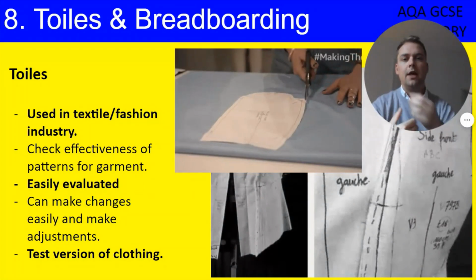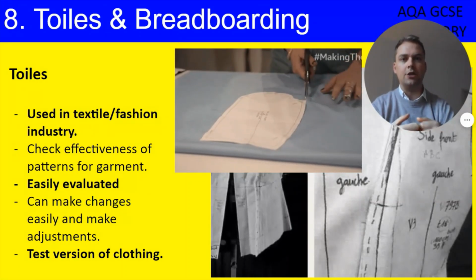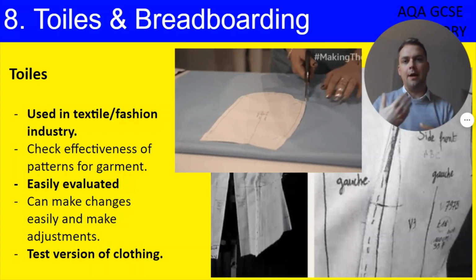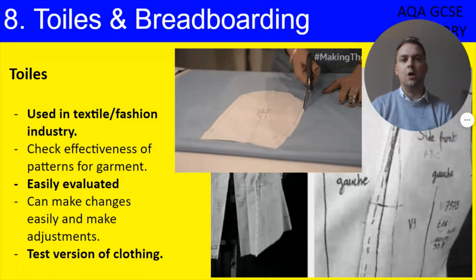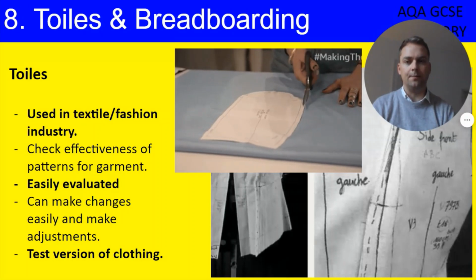So toiles, as the little animation suggests there, they're used in the textile and fashion industry. They are used to check the effectiveness of patterns for garments. Okay, just like we would make maybe a card model if we were making a 3-dimensional product or prototyping, this is what they do for fashion and textile industry.